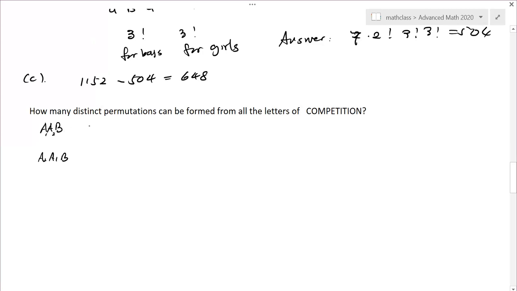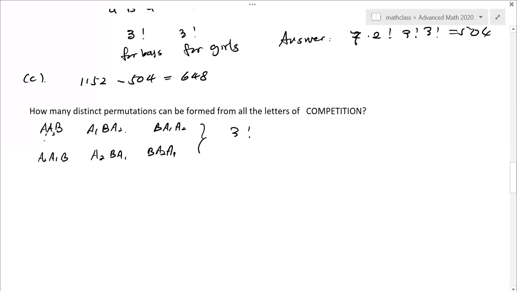So this will be A1, B, A2, and B, A1, A2. And here you get A2, B, A1, then here A2, A1, B. Together, you get all the permutations, 3 factorial.